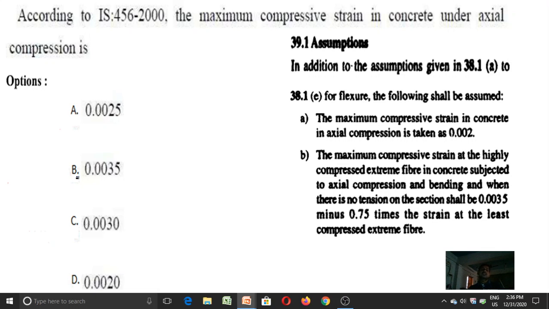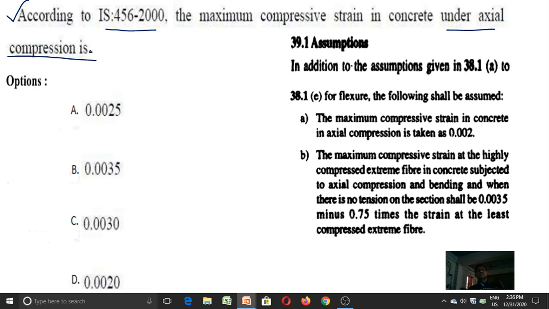So let us discuss one more question here. Again, it is based on the IS 456 2000 clauses. According to IS 456 2000, the maximum compressive strain in concrete under axial compression is. Many of the students may have made a mistake in this question because we have the maximum strain in flexure and the maximum compressive strain in compression also.